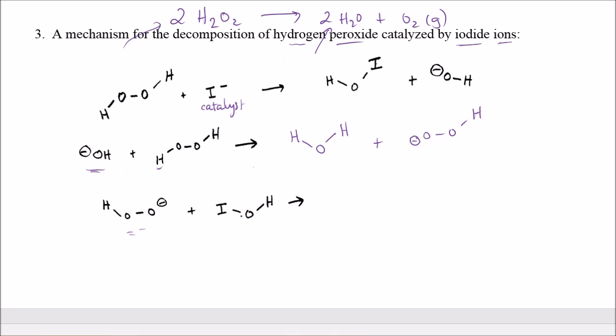And perhaps it could react with this molecule up here. So take that molecule here, take this molecule here, have those 2 react. We could make HOOI. So this O could end up bonded to this I. That would leave you with an OH with a minus.